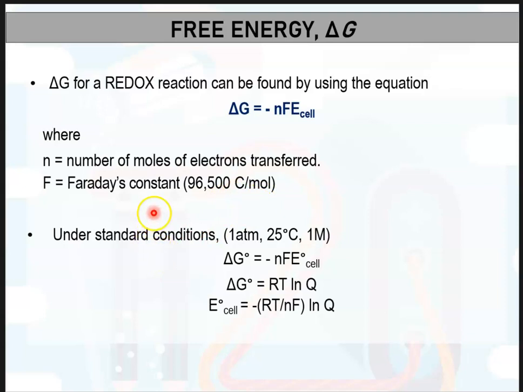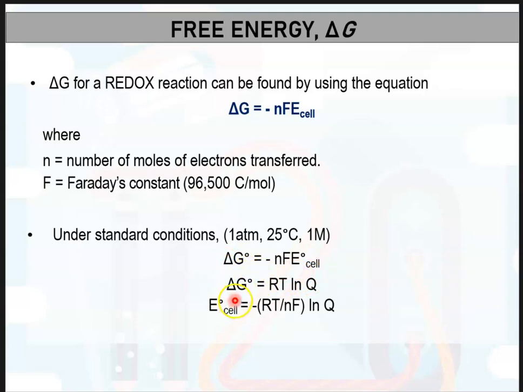This formula is used for standard condition, which is at 1 atmosphere, 25 degrees Celsius, and 1 molar. So this is the equation to calculate the delta G.